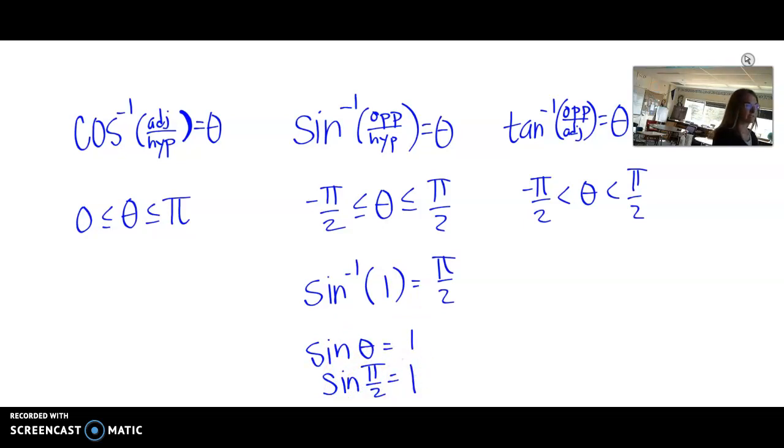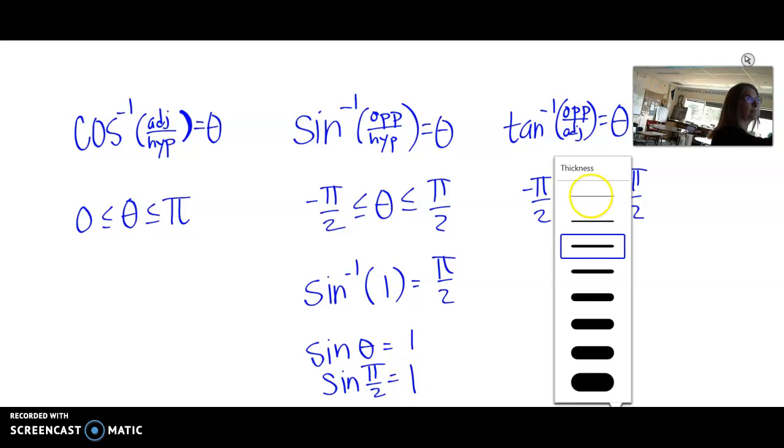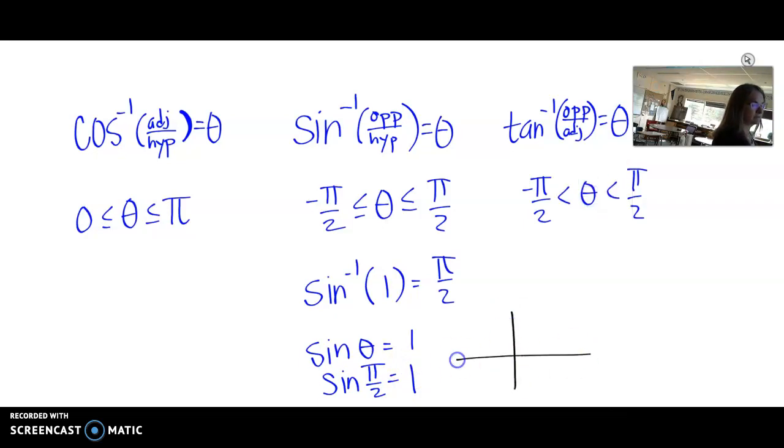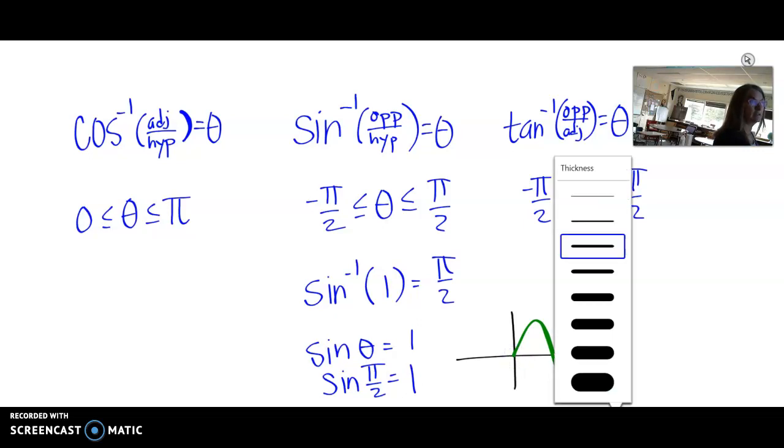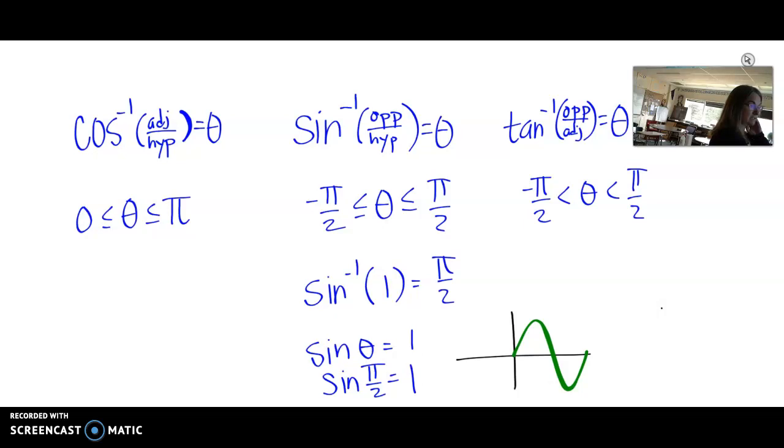Remember the graph of sine, which looks like this. The values on the x-axis here, this is 0, this is pi over 2, this is pi, this is 3 pi over 2, and back to 2 pi. So at pi over 2, your sine ratio is 1.